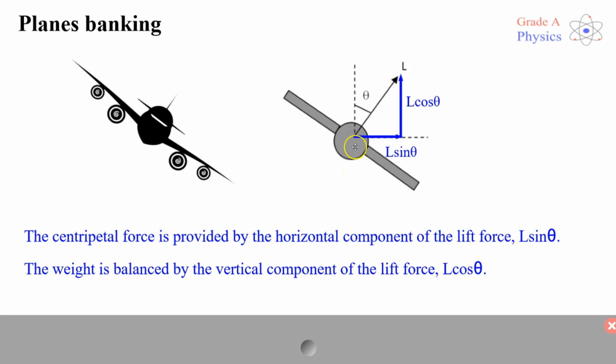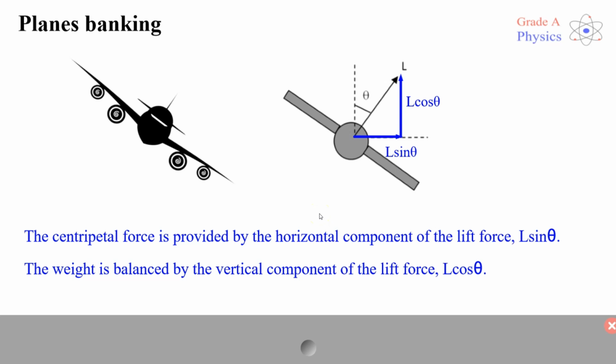The reason we're moving in a horizontal circle and not going up or down is that the weight downwards is balanced by the vertical component upwards of the lift force, L cos theta. So if we know the weight, we can find L cos theta, as they will be balanced. And if I know m, v and r, I can find the centripetal force, which is L sine theta, and we can work out theta.